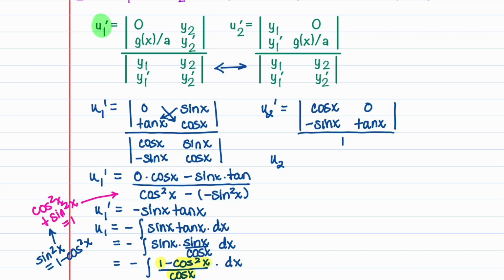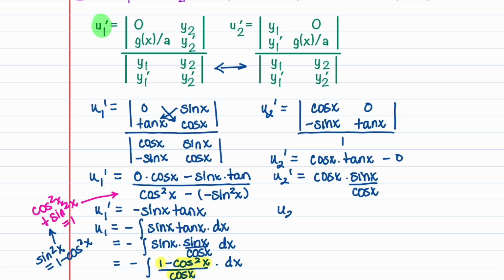Now we can compute u2 prime. It's the main diagonal elements multiplied, so that's cosine x times tangent x, minus the off diagonal elements multiplied, but there's a 0 there, so we just subtract 0. Let's now rewrite tangent, because we know that tangent is sine over cosine, so that cosine is going to cancel, and that's really great.